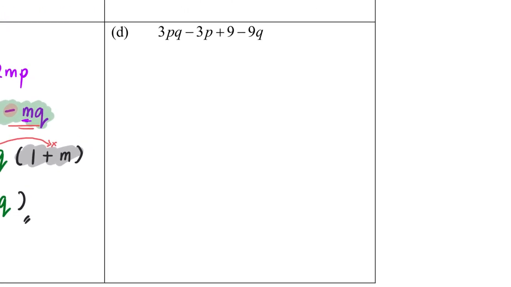So let's continue with this last example that you have seen before. The first step is still the same. I'm going to take out 3 as the common factor. And from here, I have pq minus 3 minus p plus 3 minus 3q.